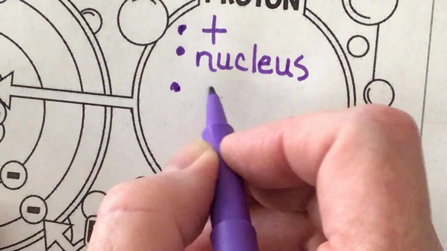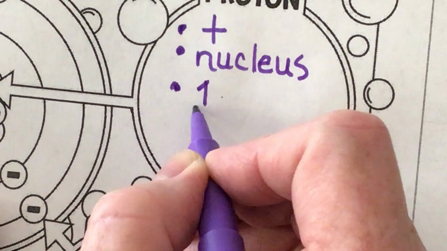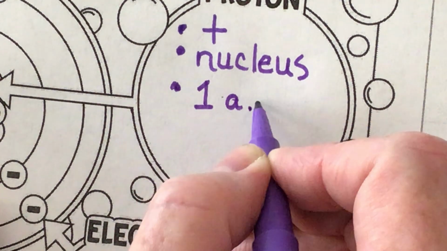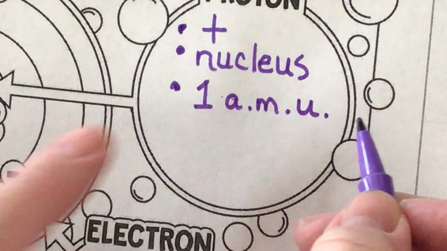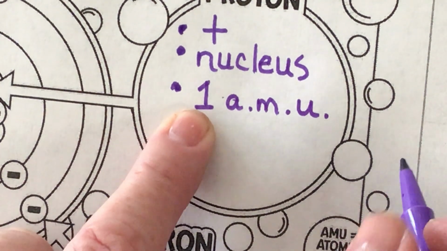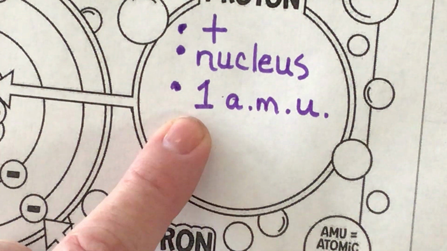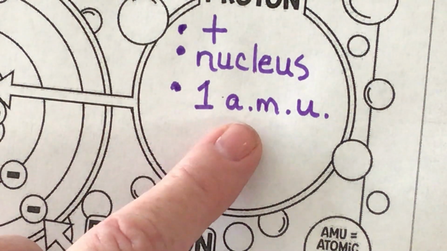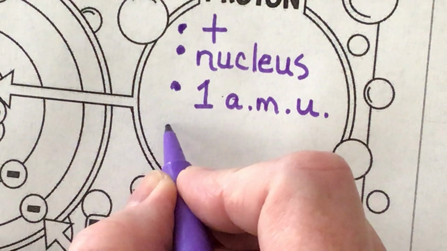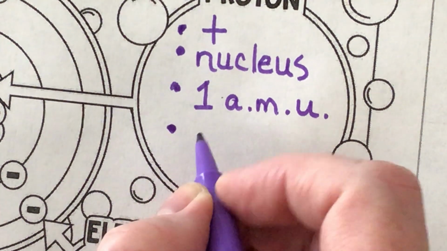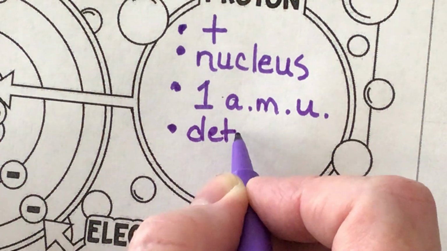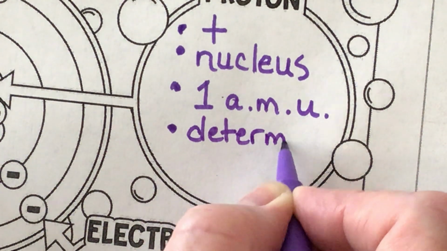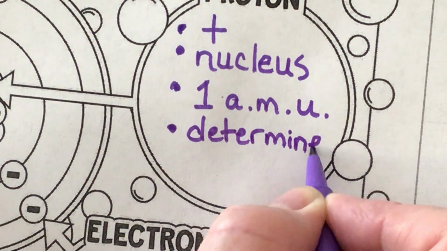Now, scientists use something called atomic mass units when talking about atoms, and protons have 1. Okay, that doesn't sound like a whole lot, but protons are 1 atomic mass unit, and we've touched on it. The number of protons determines what the element is.